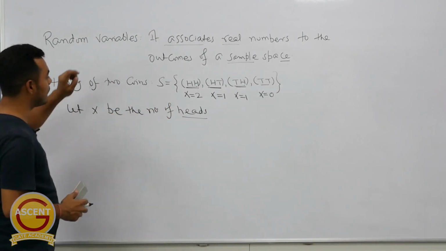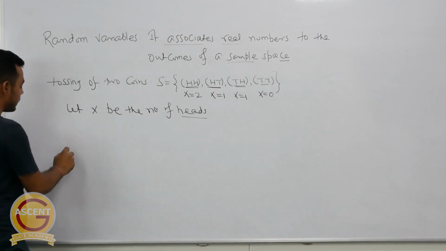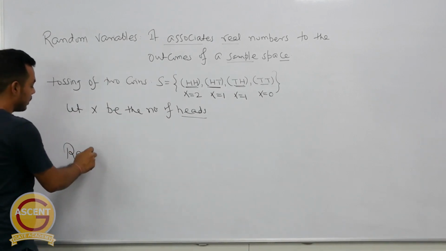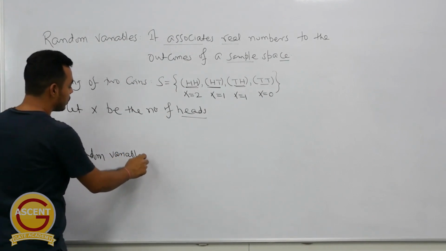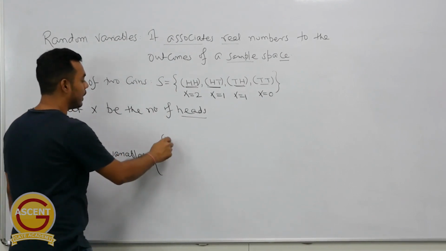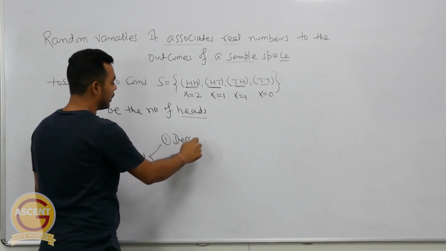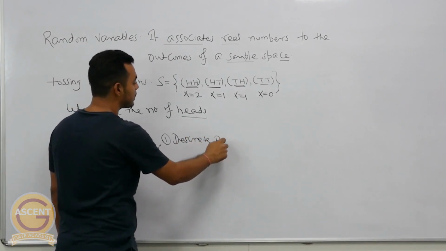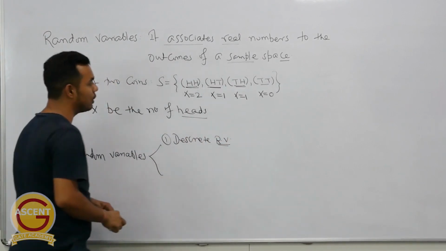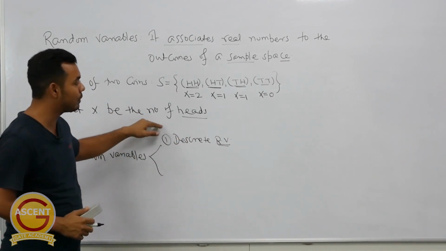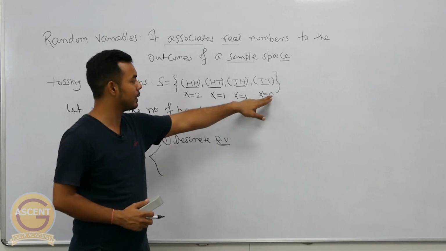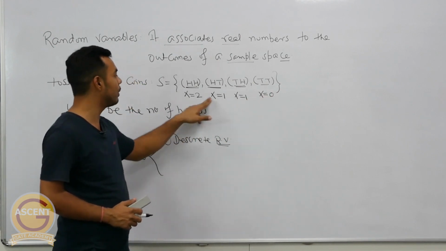Now there are basically two types of random variables. The first one is the discrete random variable. A discrete random variable means that only discrete values of x are possible. For example, if you consider x as the number of heads, then x will be either 0 or 1 or 2.